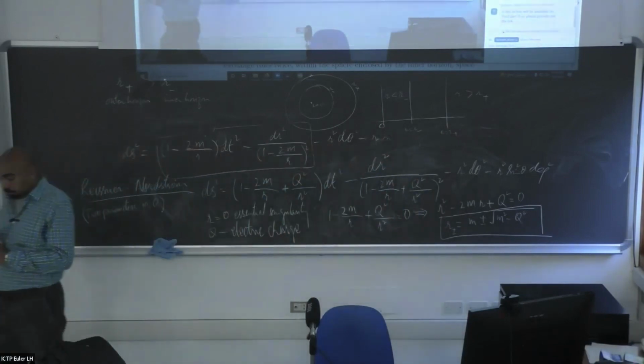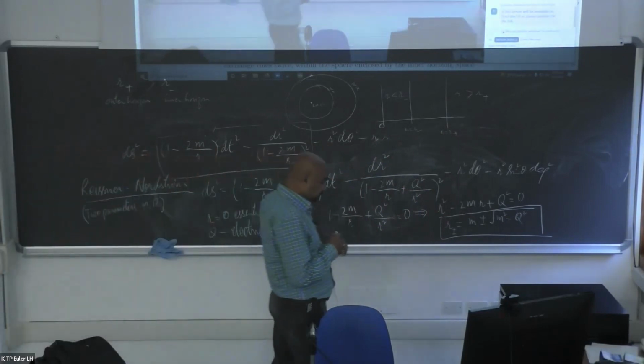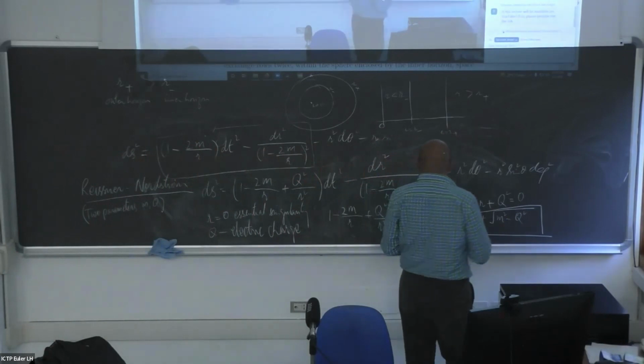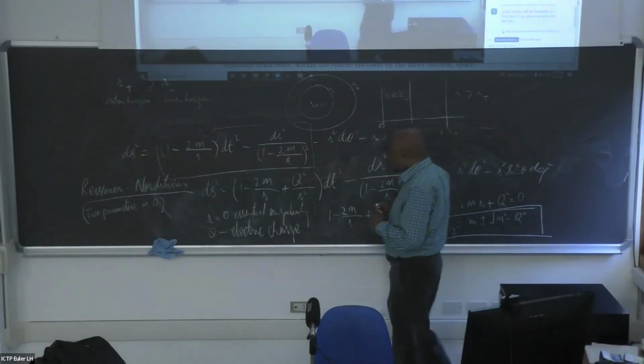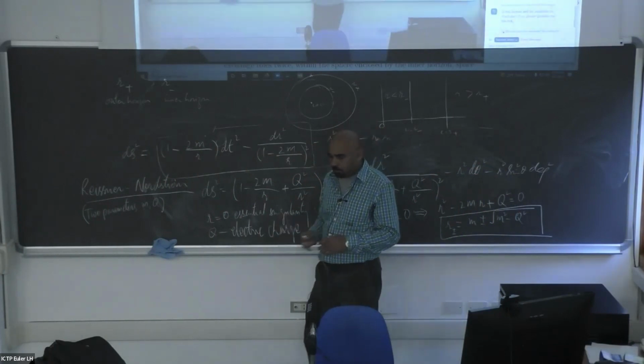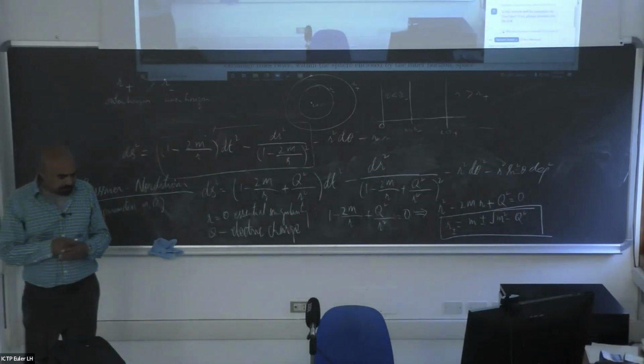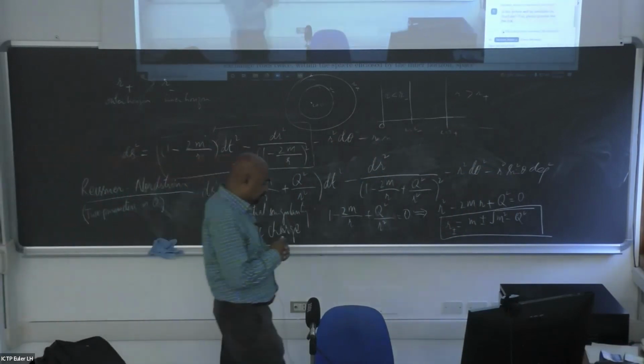So this is an object which is electrically charged. I'll briefly talk about an object which has magnetic charge also, but for mathematicians, they are just the addition of parameters.